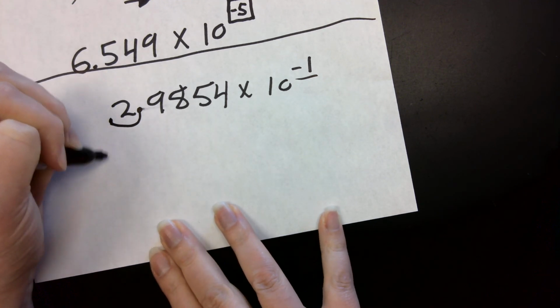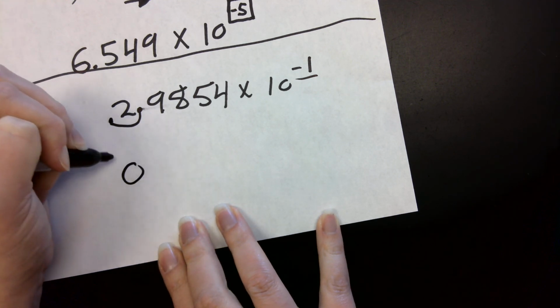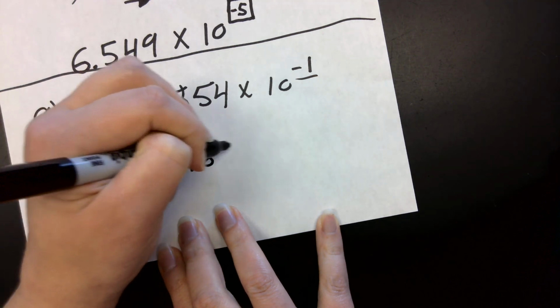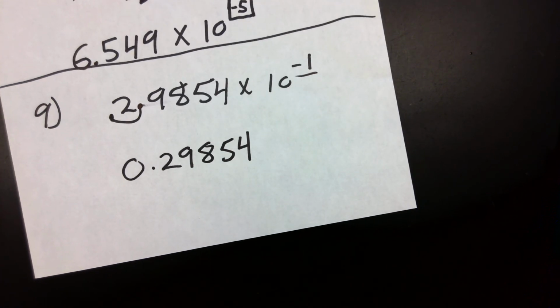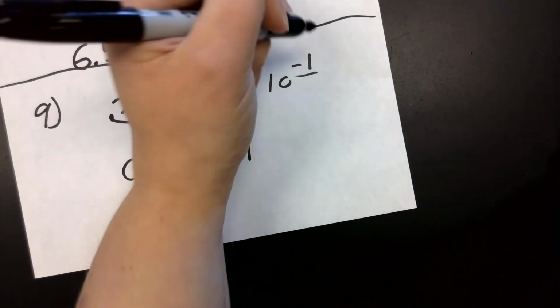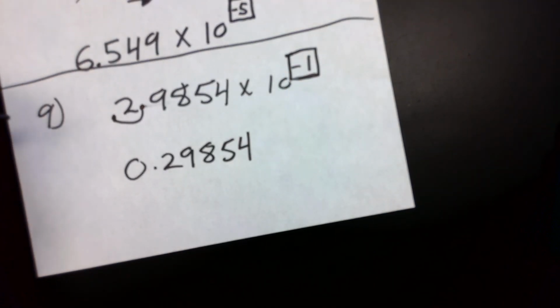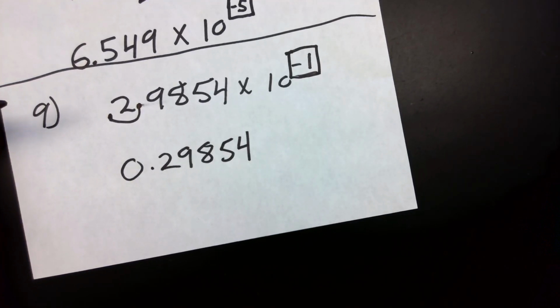So our new number, our actual standard number, is 0.29854. Okay. So don't let yourself be tricked by exponents. Just knowing which way they go helps you out a lot.